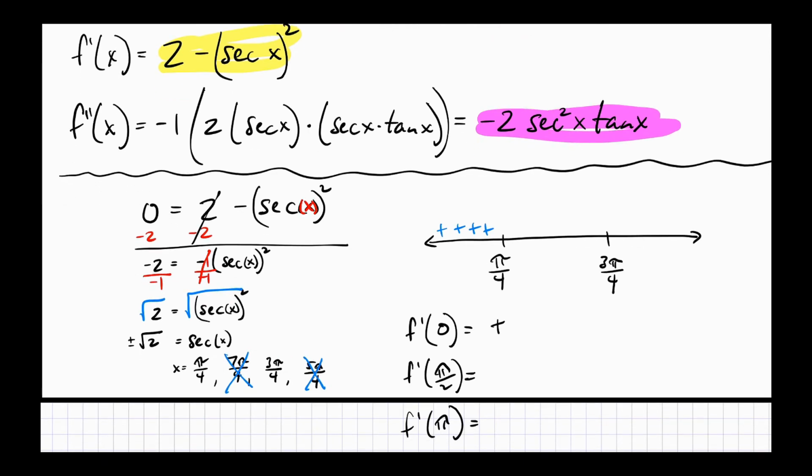What's secant of pi over 2? 0. So 0 squared is 0. 2 minus 0, still positive, right? Oh, secant of pi over 2 doesn't exist. So it's 2 minus a number that doesn't exist, right?